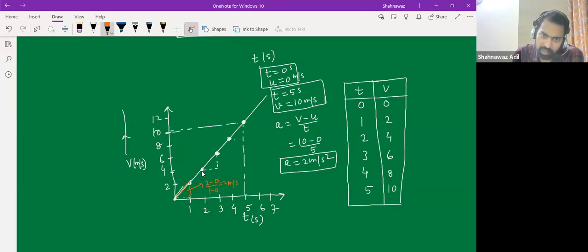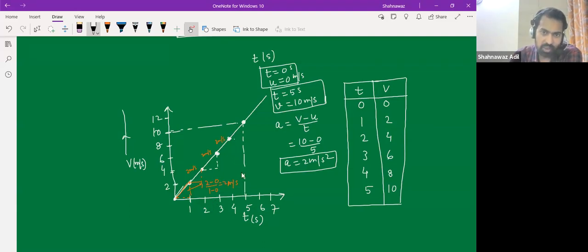Similarly, at this point, this would be 2 meters per second squared again, and again 2. So what kind of acceleration is this? Yes, uniform acceleration. So you see that whenever we have this kind of graph, a straight line, we have uniform acceleration.